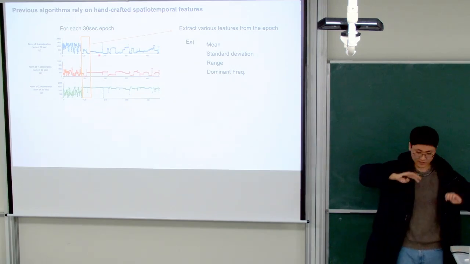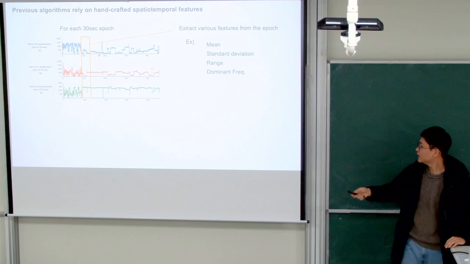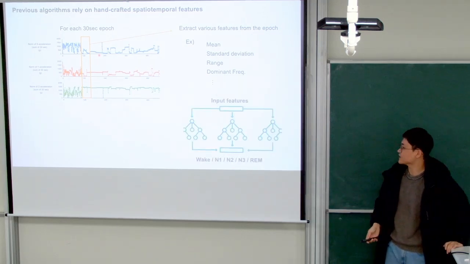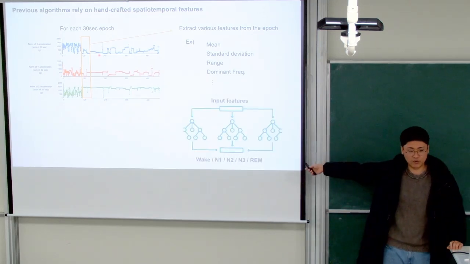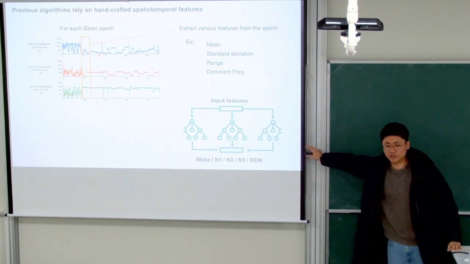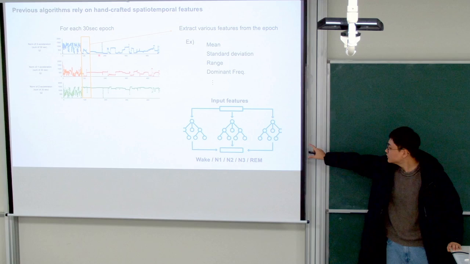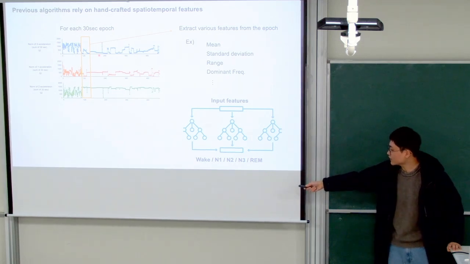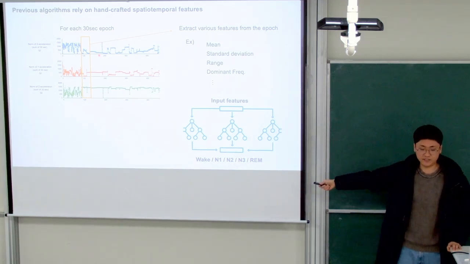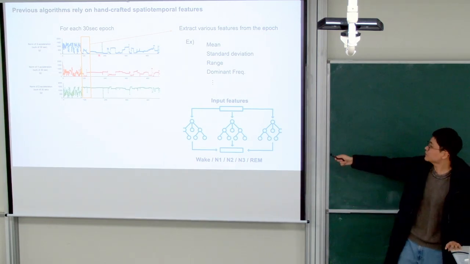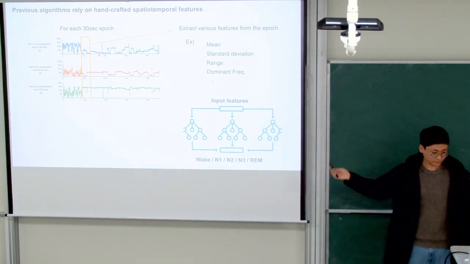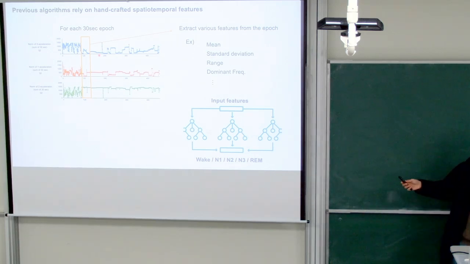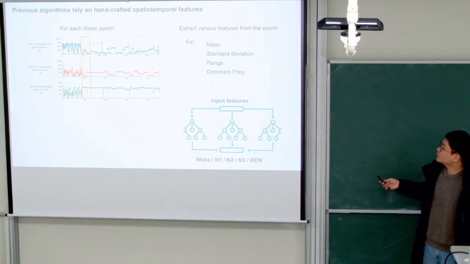So we collect several features and then use these features as an input of some machine learning algorithm. Then we train this machine learning model, then we eventually classify these sleep stages. This is the regular way the previous methods worked.